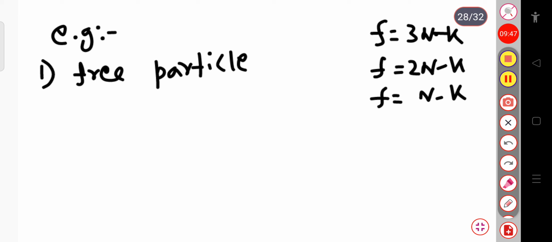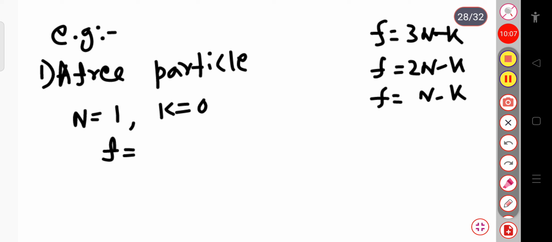So here I am writing a free particle. The number of particles n is 1, and no constraint or restriction is given, so k equals 0.